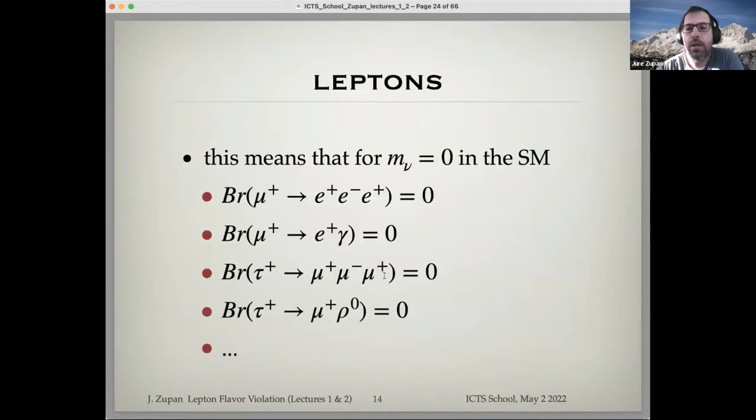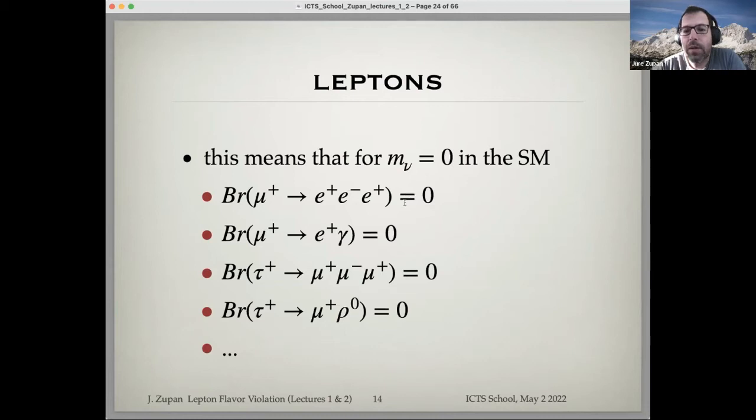All right, so what's now the prediction for the flavor violating decays? Well, they're zero. So if I take a muon that decays to 3 electrons, so that's flavor changing. I go from the leptonic muon number to a net electron number.